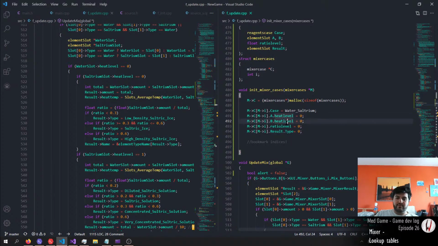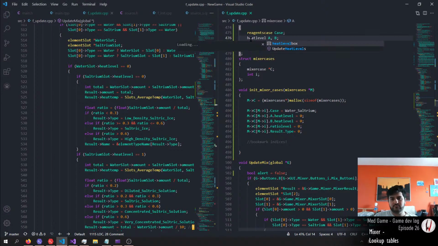Okay, so there's a lot of information that I don't need here. I don't need elements slot AB. I need heat level AB, heat level A and B. So here is going to be an int heat level and element type.